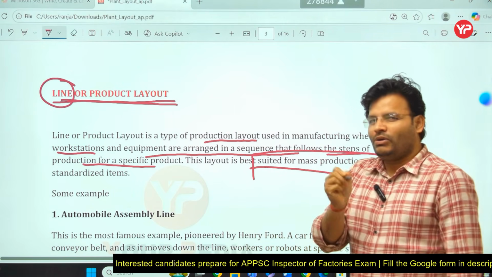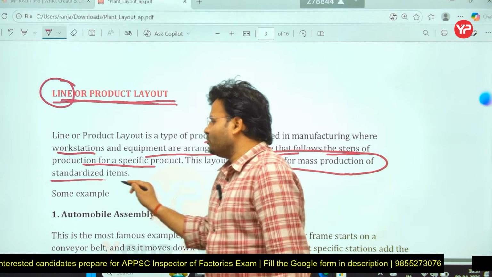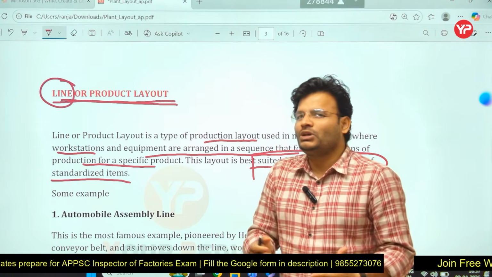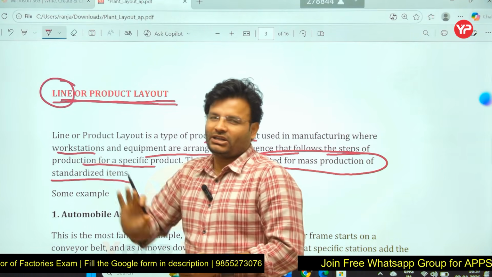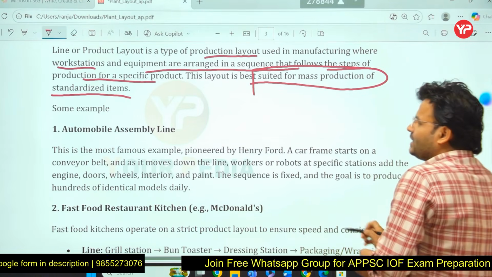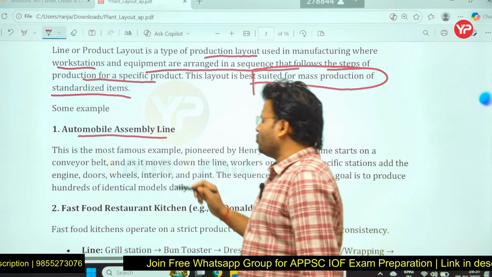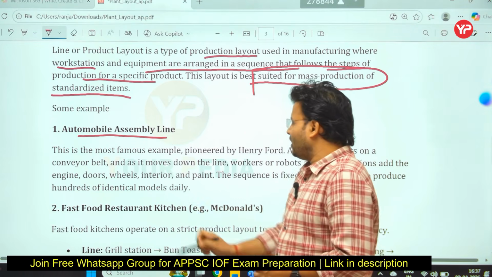That is the keyword to remember: mass production. In that case I will prefer the line or product layout. I will try to explain through an example: an automobile assembly line, which is the most famous example, right?